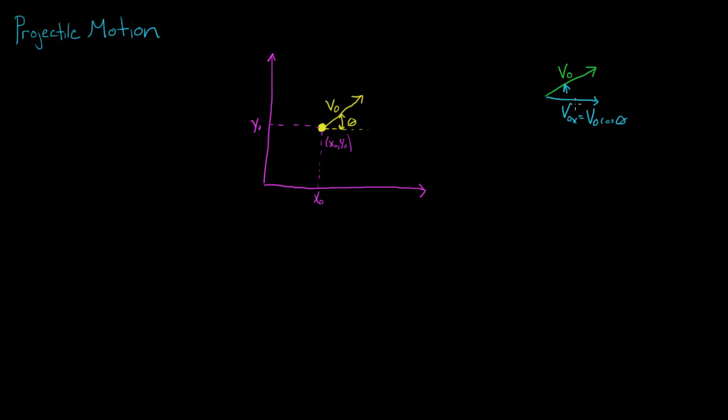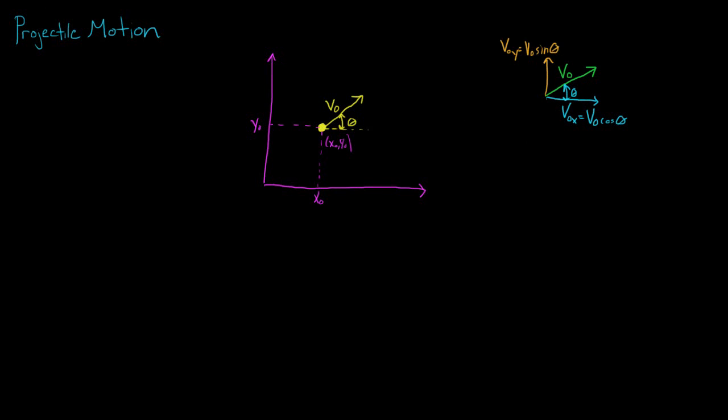And that's right here. And we can do the same thing in the y direction. So its initial velocity in the y direction is going to be equal to v naught times the sine of theta.